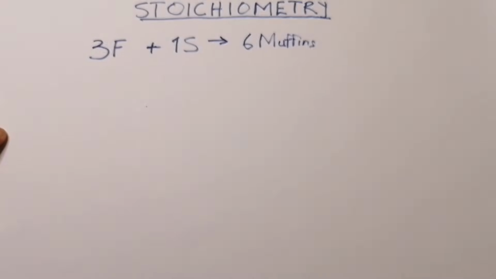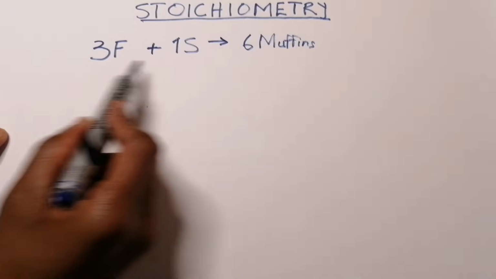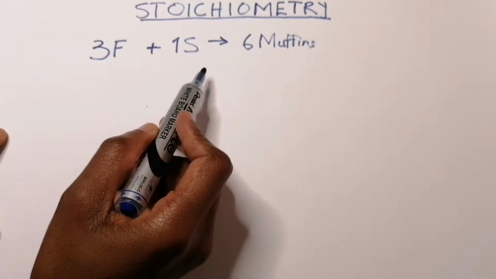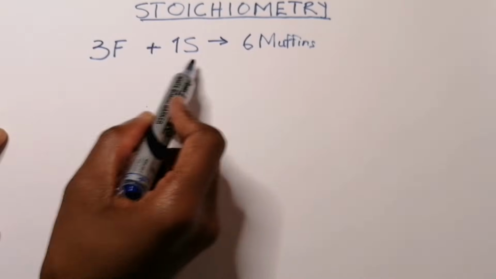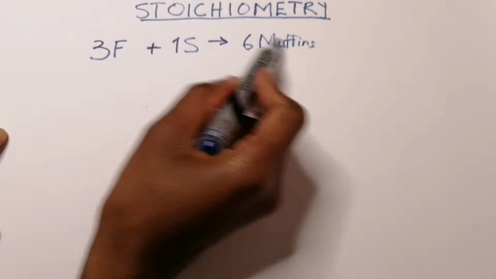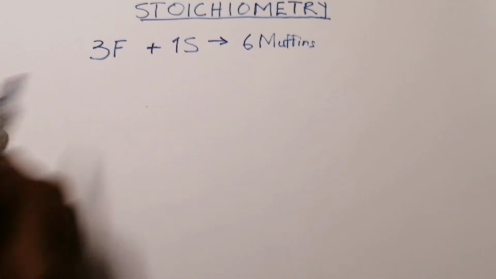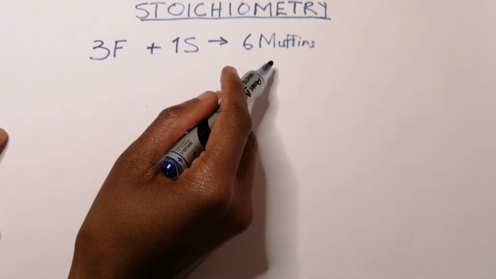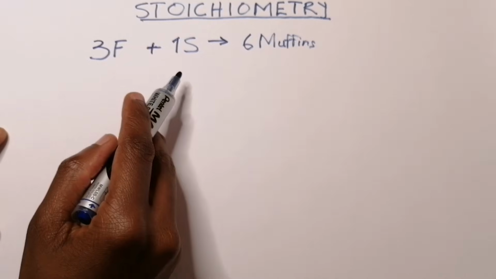Now, what does this formula actually tell us? Well, it simply tells us what the ratios are that we will use for producing muffins. It relates the basic ratios of our ingredients to our products. Can you see that? So in this case, it simply tells us 3 cups of flour, 1 cup of sugar gives us 6 muffins.